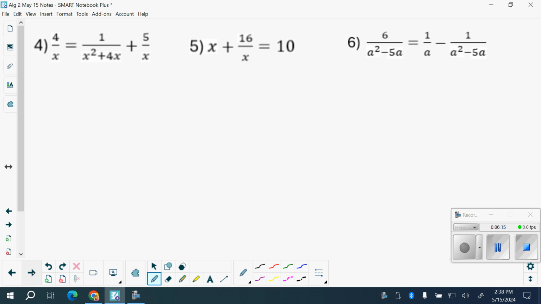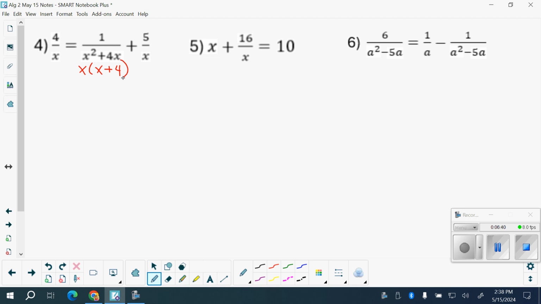Yes, this would be the same as x times x plus 4. So what's the least common denominator? So it's going to be x times x plus 4 or x squared plus 4x.